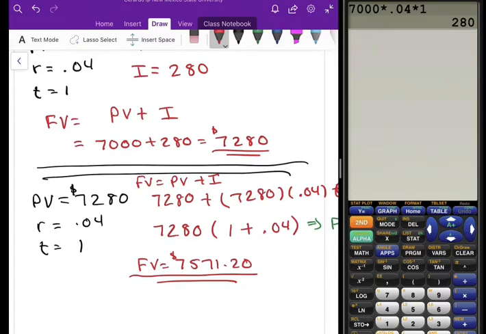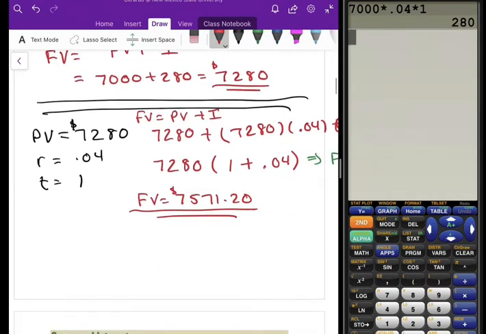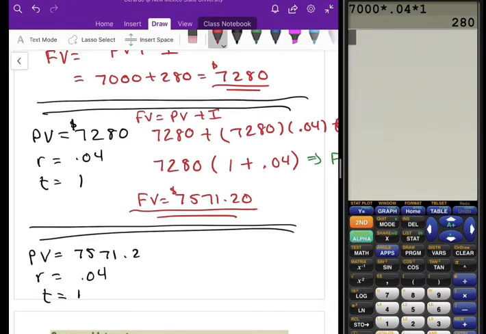Now, let's do another one, okay? So this is going to be my present value again, equals now 7,571.20. My rate again is 0.04, and my time is equal to 1. So we still have future value equals present value times 1 plus RT.